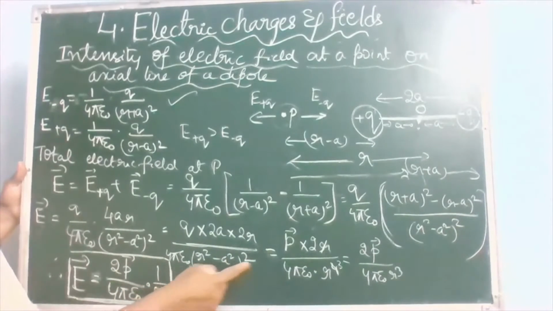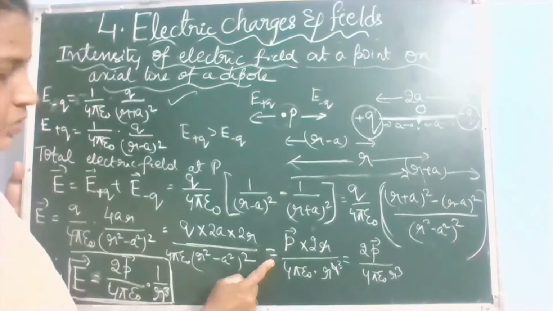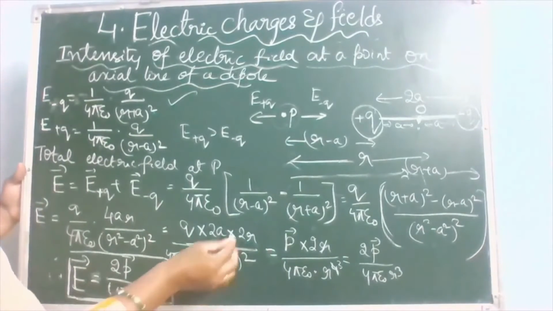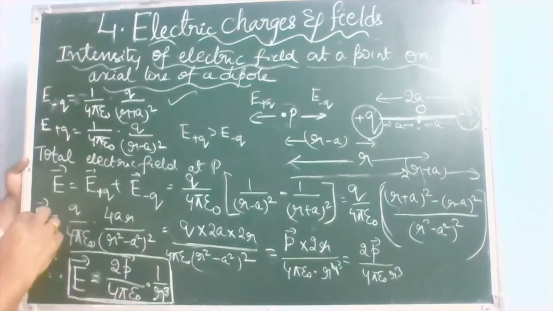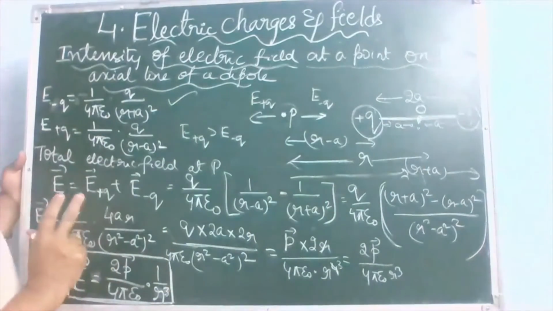Here 2a into q gives the dipole moment. This one is a dipole, right? So dipole moment p into 2r.